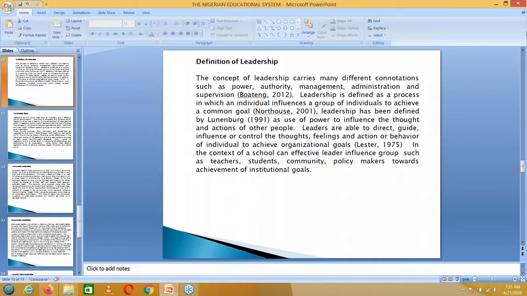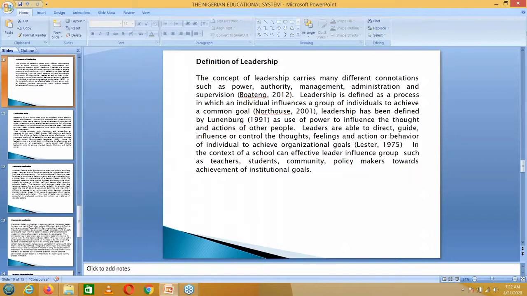In school, leadership is very, very important in the Nigerian educational system, because the type of leadership in a school will determine how effective the school processes will be. A leader is there to manage, to give authority, to exercise power over individuals under him.